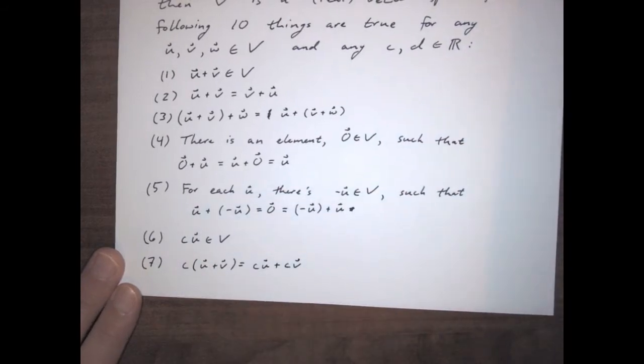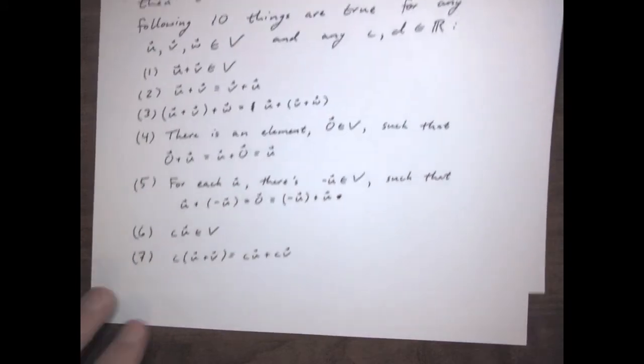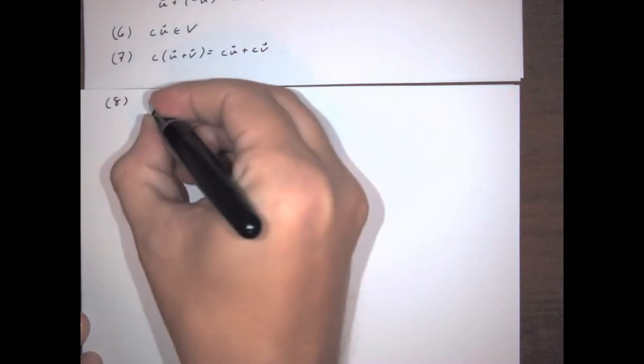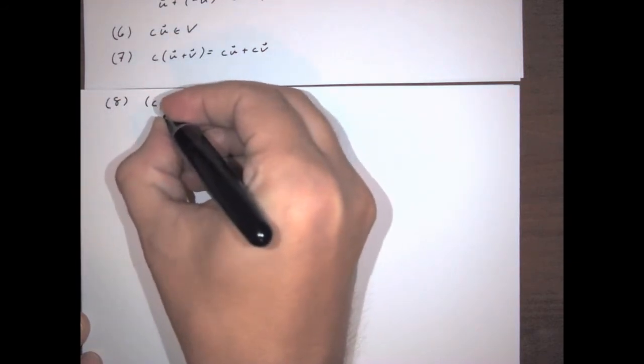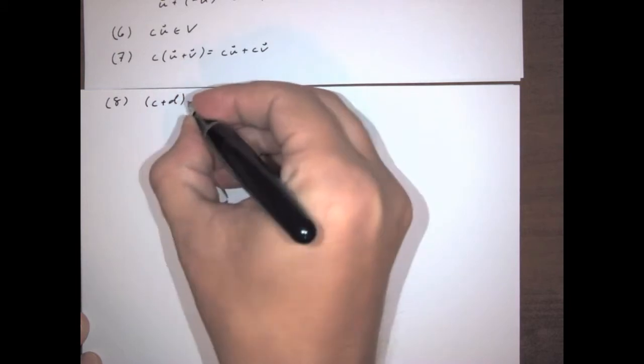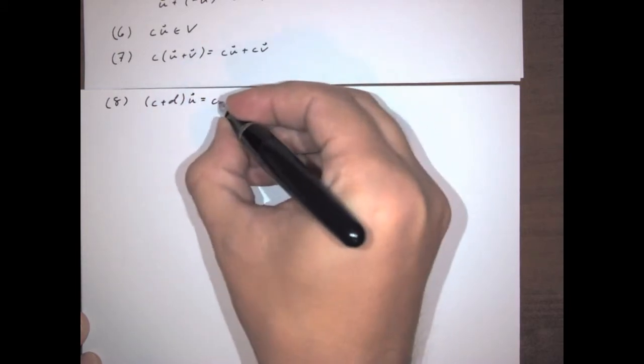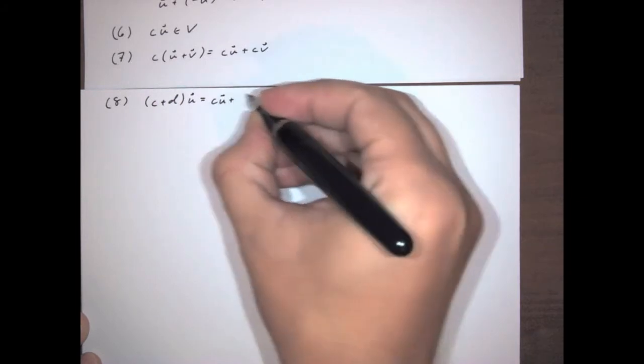And the distribution also has to work the other way, which means we have to be able to add together our scalars. So (c plus d) times u has to equal the same thing as cu plus du.